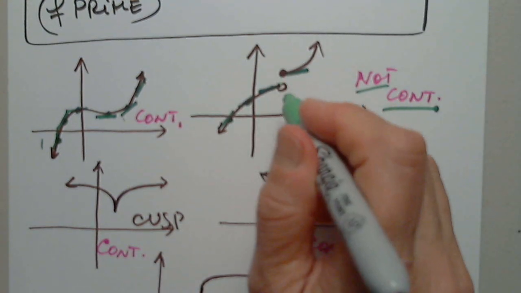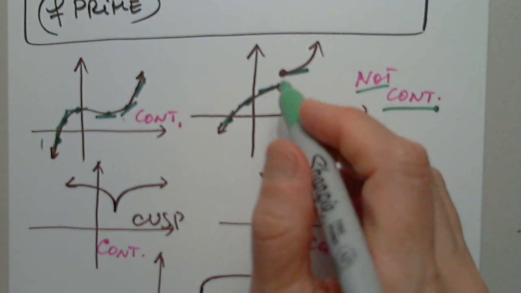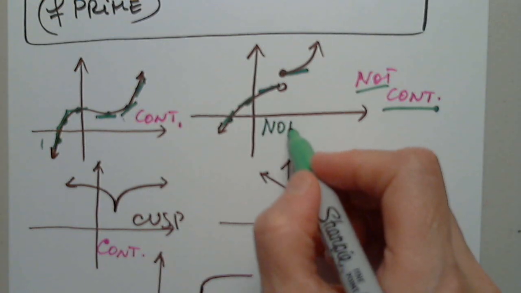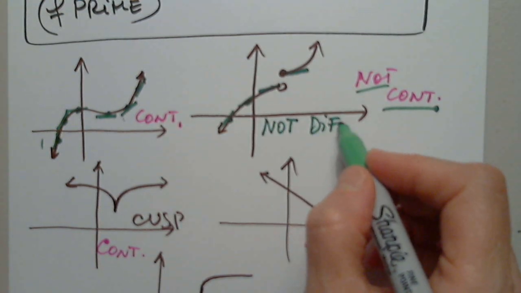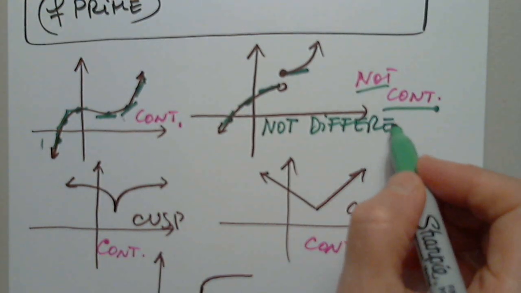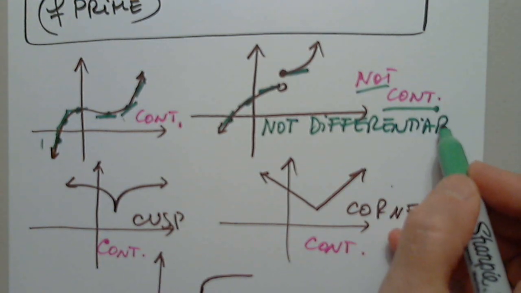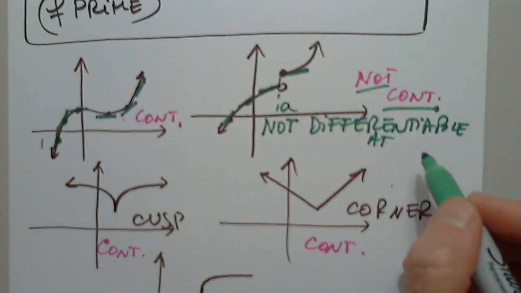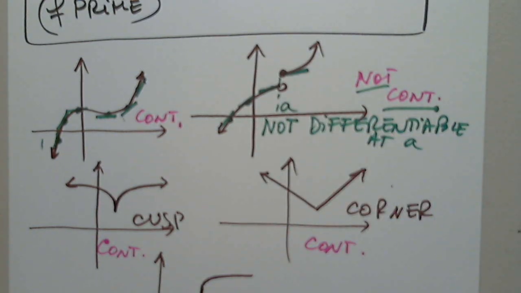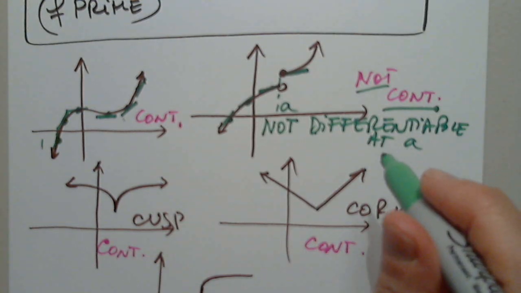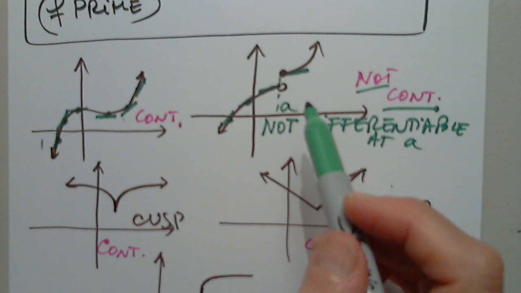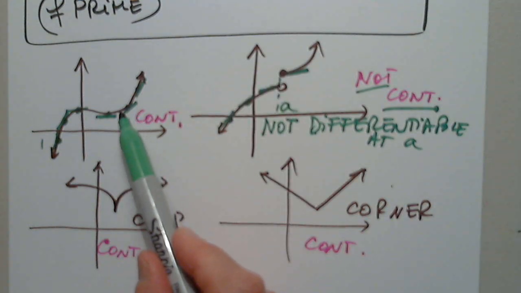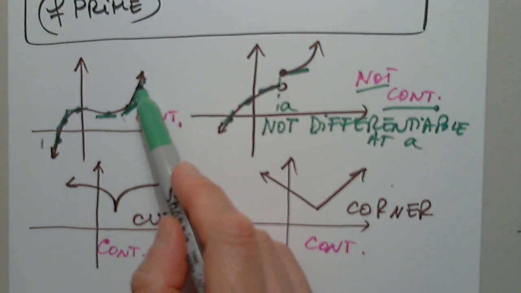So we will say that this function is not differentiable at, I'm going to put here A, at A. What does that mean? It's a fancy word, not differentiable. It means that at this point, it does not have a unique tangent.